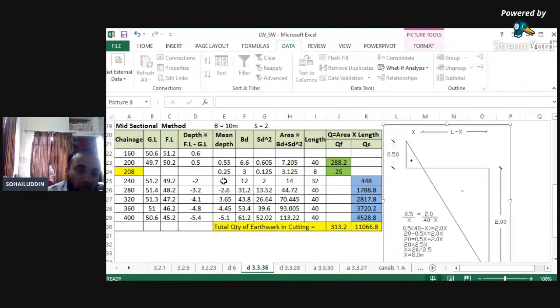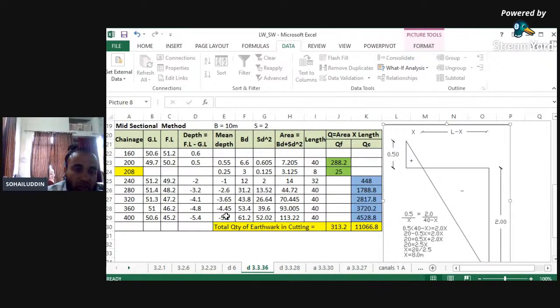Because I have drawn this in the Excel sheet, the minus sign is used while multiplying the column, but there is no use of it in the rest of the columns, because it will confuse while adding or while finding out the areas, the length or the quantity. We only use the minus sign in the first step, to find out the depth.